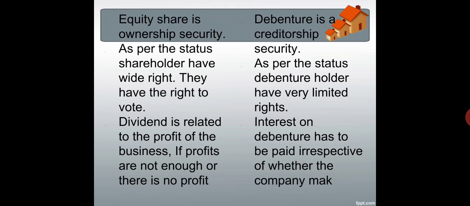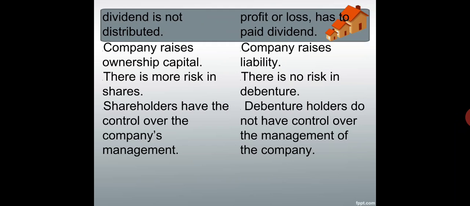If the company earns more and has additional profit, then the company declares the dividend. But as per the Companies Act, the company is not liable to pay a compulsory dividend to its shareholders. While in debentures, interest has to be paid irrespective of whether the company makes a profit or loss.